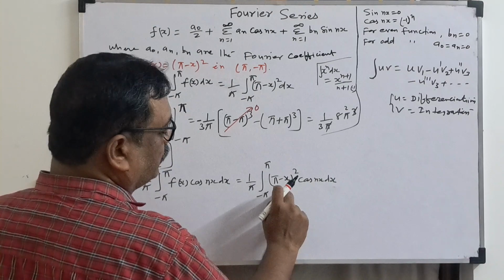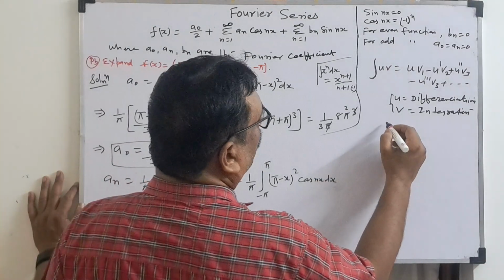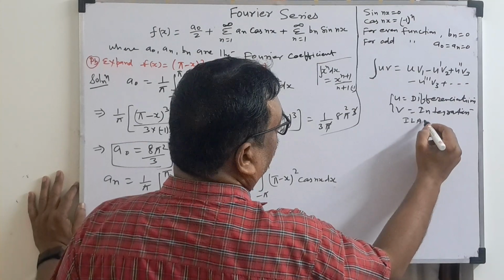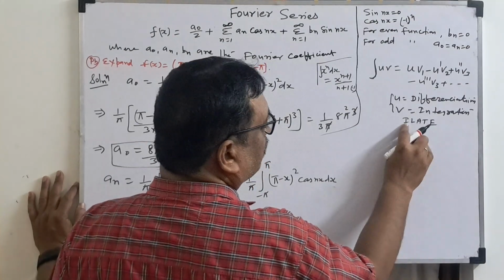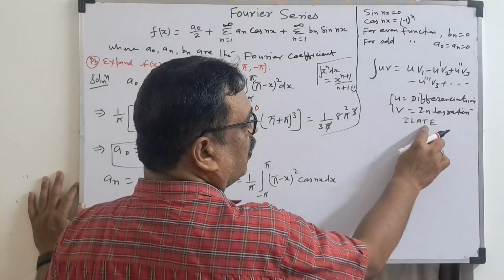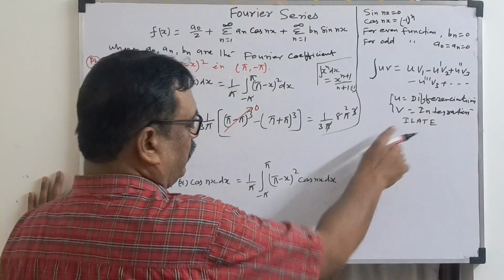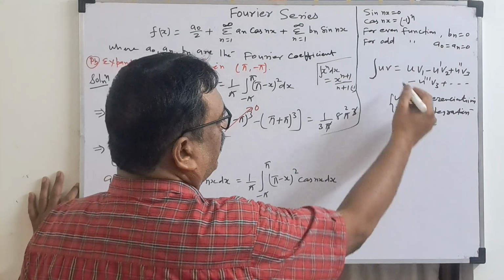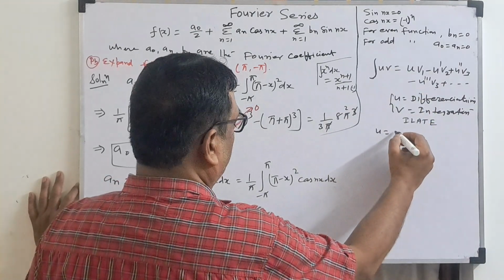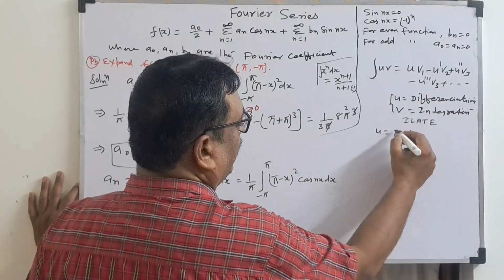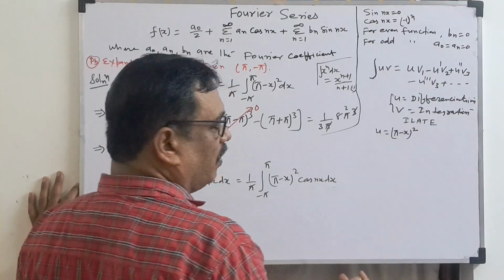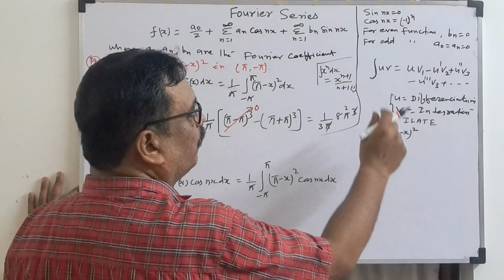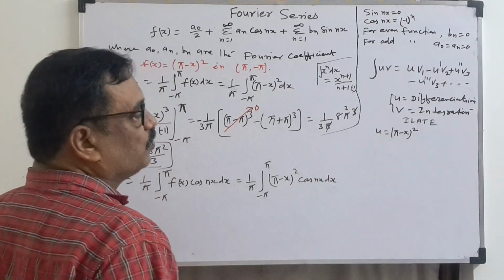Here one algebraic expression is there, one trigonometric is there. So one formula is there, ILATE: inverse, logarithmic, algebraic, trigonometric, exponential. So here, first algebraic, then trigonometric. So you will take algebraic as u, that is (pi minus x) square, because on differentiating it twice or thrice this term becomes 0.